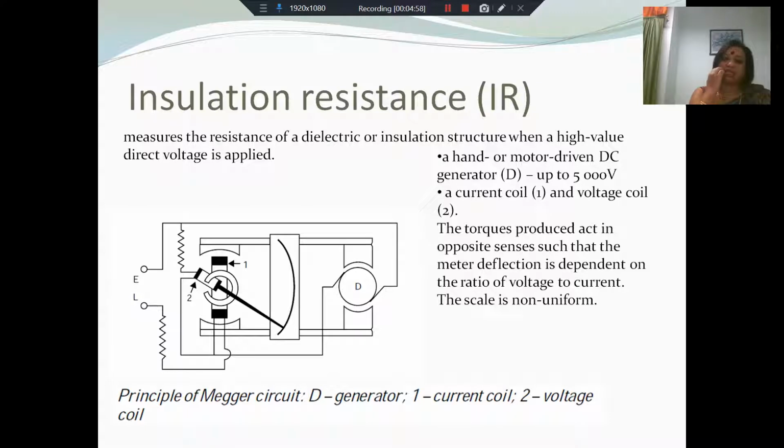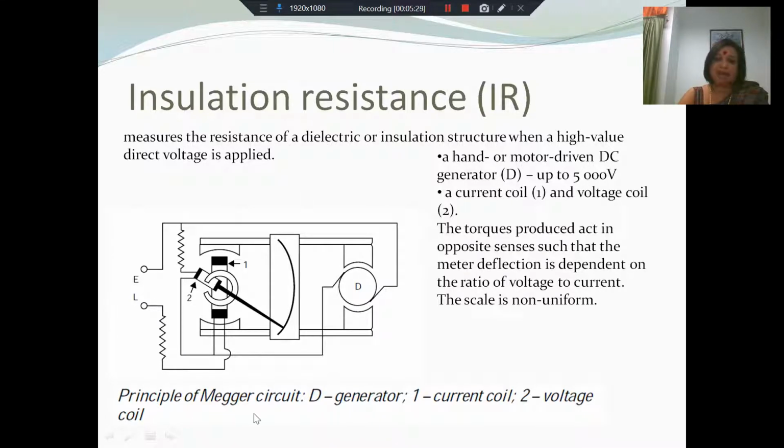The torque that is experienced by the current coil and the torque that is experienced by the voltage coil are designed to act in opposite directions, so that the ultimate deflection of the needle is due to the interaction between the current coil and the voltage coil, and this will be a measure of the ratio of the voltage to current. So on this scale, what you will measure is the ratio of voltage to current, which is your resistance.